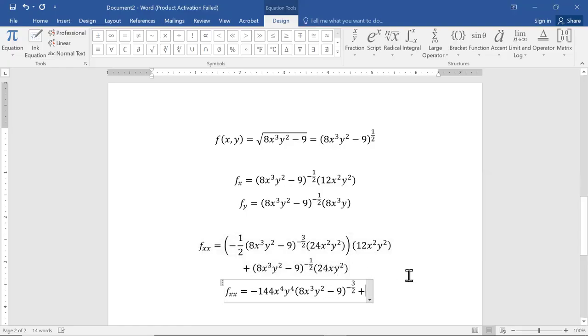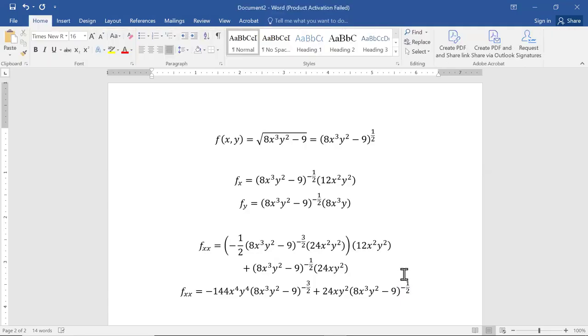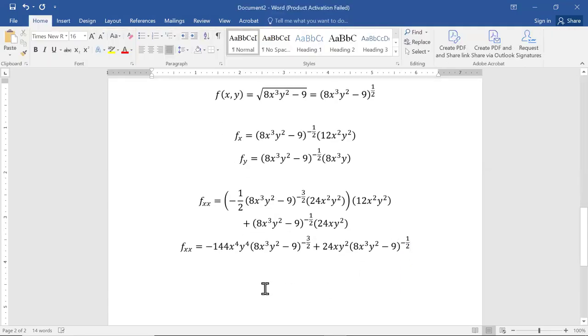And then the second one, I'll write 24xy squared times 8x to the 3rd y squared minus 9, all raised to the negative 1/2 power. So that's my f sub xx.